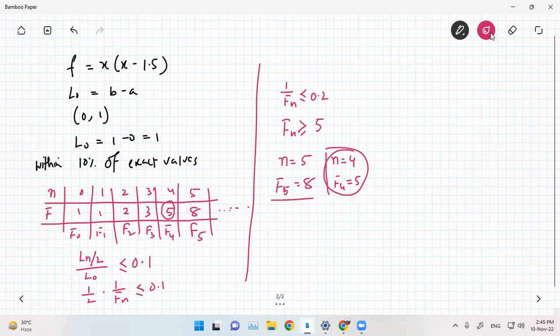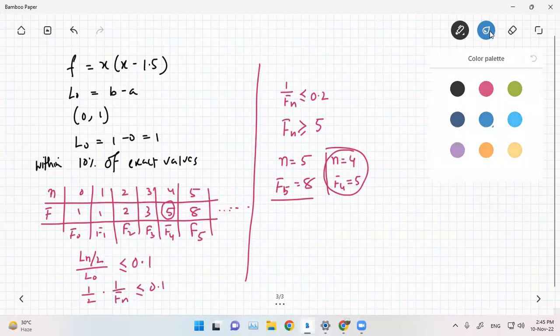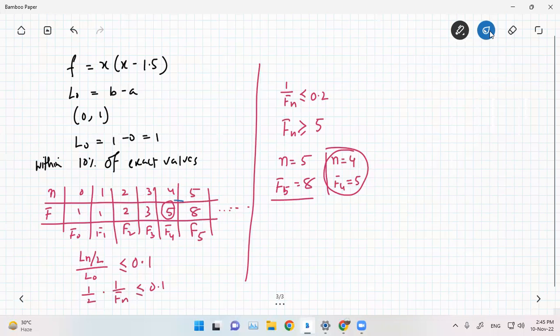The basic procedure is not that complicated, so we just have to repeat the iteration a couple of times to obtain the result. So the first step is to find the first iteration, iteration 1, with the initial value L0 being 1 minus 0, that is 1.